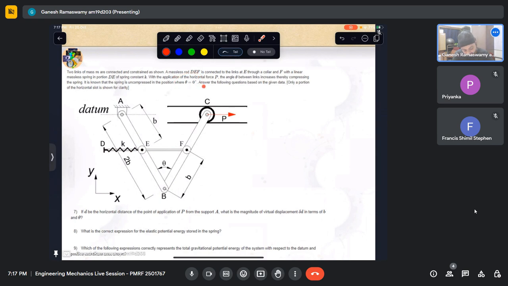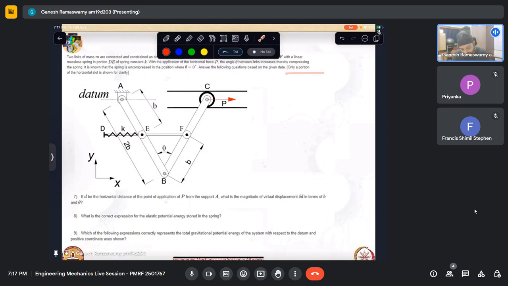Then answer the above questions based on this, and only a portion of this is shown. If this was shown like this, actually it will be like that, and then the wheel would be here. Now, when the wheel is here, how will the arrangement look? So I have the pin like that. I will have the member like this.